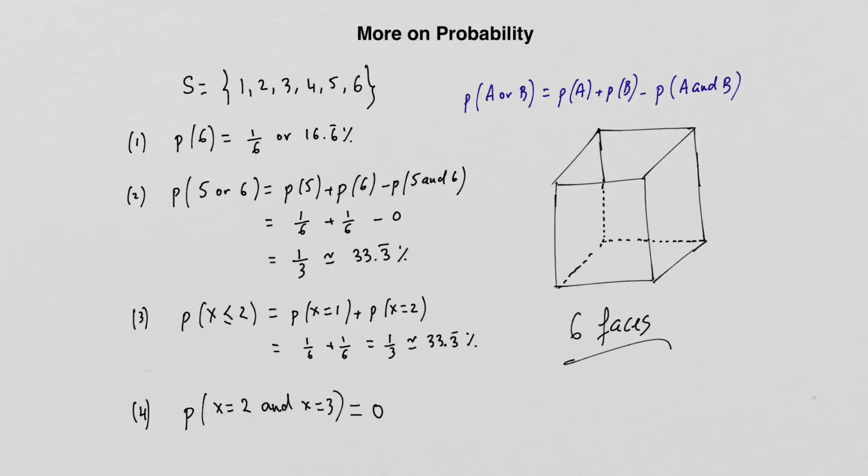That is by definition, right? Well, if I just follow this rule, I'm going to have to say it's the probability of getting a 5 plus the probability of getting a 6 minus the probability of getting 5 and a 6.